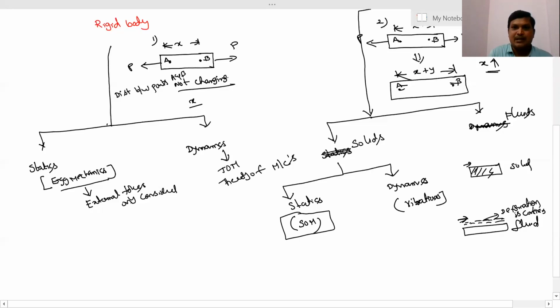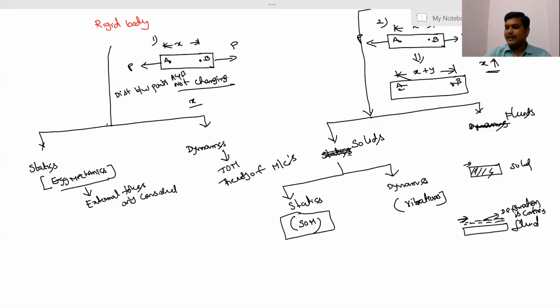So the mechanics of deformable bodies under solids under statics is called strength of materials. I am repeating, the mechanics of deformable bodies under solids under statics we study in strength of materials. Is it clear? Now we will go for the next topic.